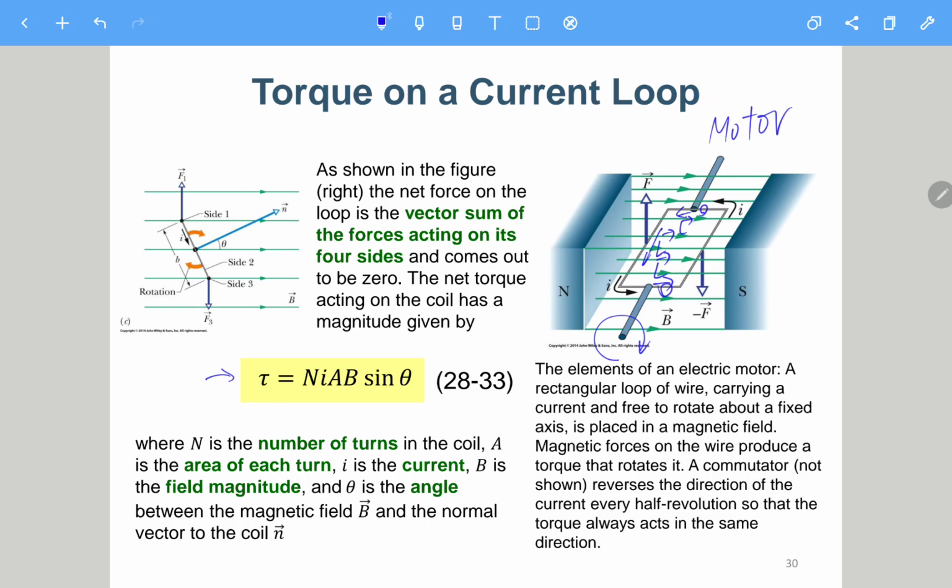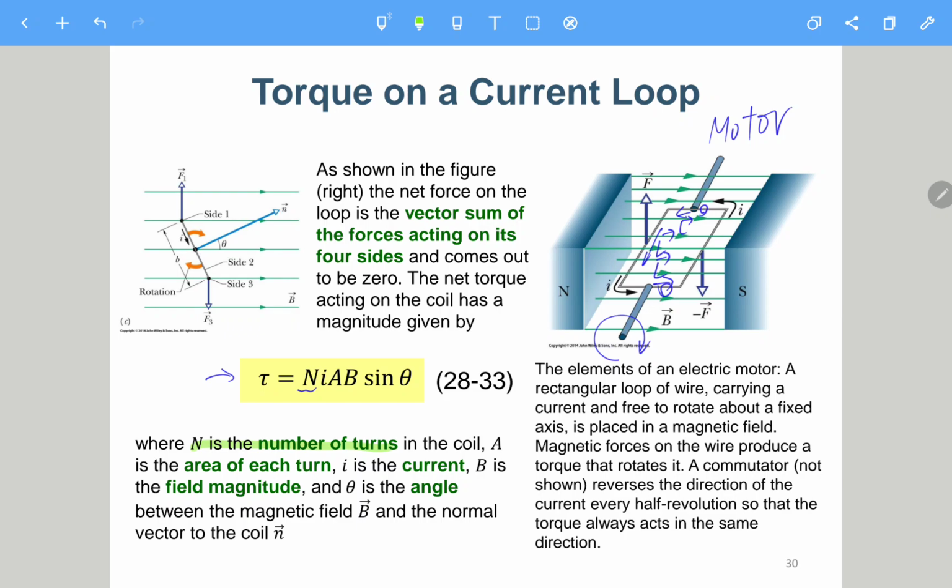And in NIA, N is the number of turns. Although it looks like there is only one turn, we can make multiple turns to increase the torque, so that the motor can rotate with a larger force.